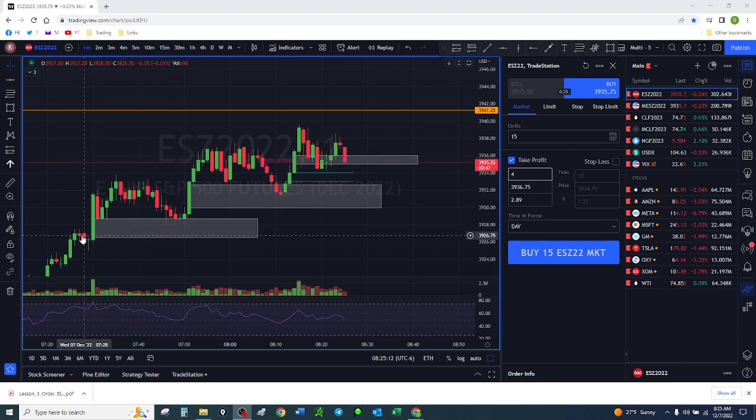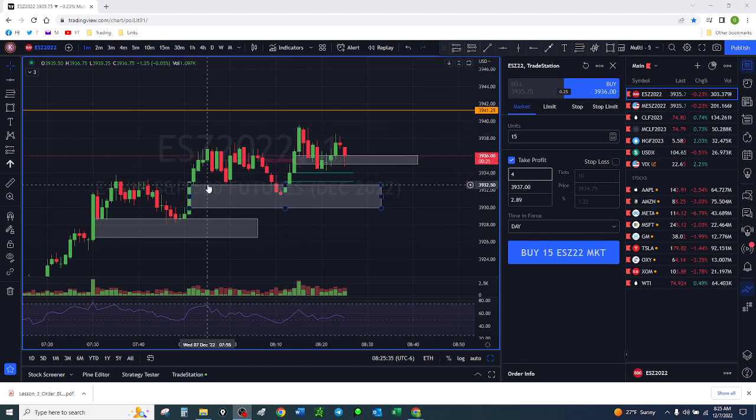So as you can see, swing low, new high, bounce, swing low, new high, gap, bounce, bounce, and then again, swing low, new high, gap created.